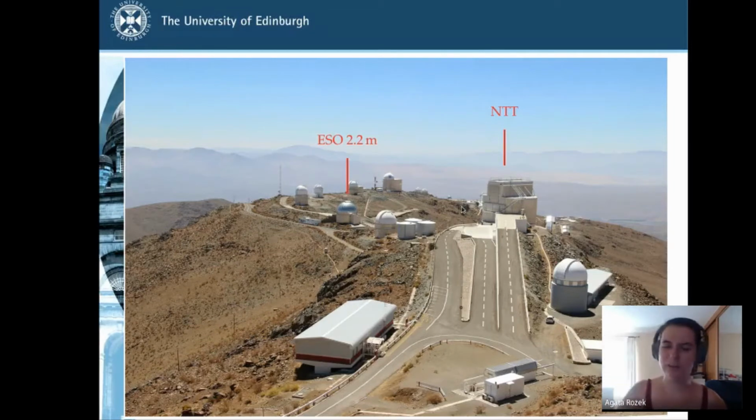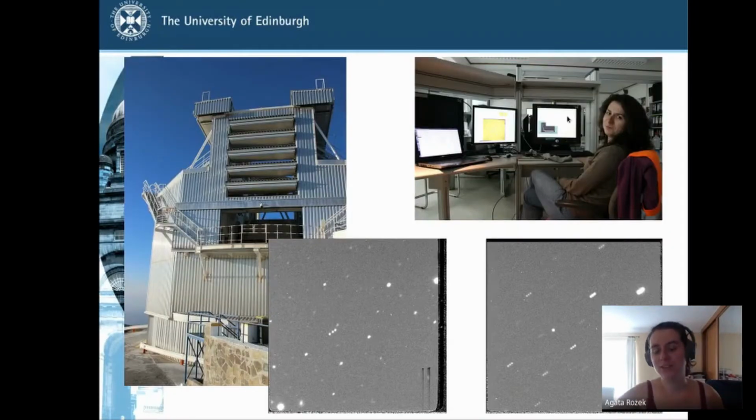And behind the hotel, further down the hill, there is the control room in which you actually sit and observe. So you are quite removed from your actual instrument. And you sit in front of a computer and you get your images.